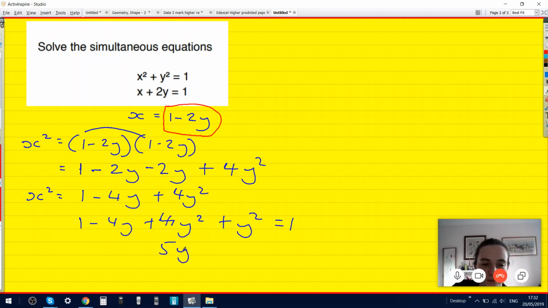Yep. And then 4y, wait, no. Yeah, 4y plus 5y squared equals 0.